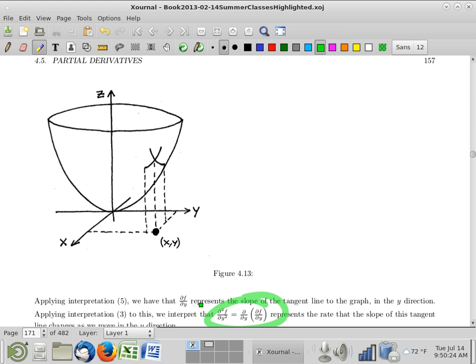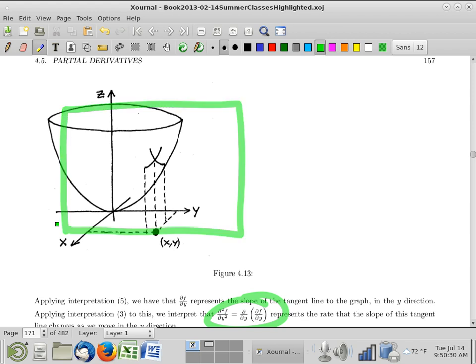And we already have an intuition for what that means for both of those steps. Treating x as a constant means I'm going to look at a cross-section perpendicular to the x-axis. That's treating x as a constant. And then taking two derivatives with respect to y, well, that's just the good old single variable second derivative, and that means I'm going to be, in some sense, measuring the concavity of that cross-section to this surface.